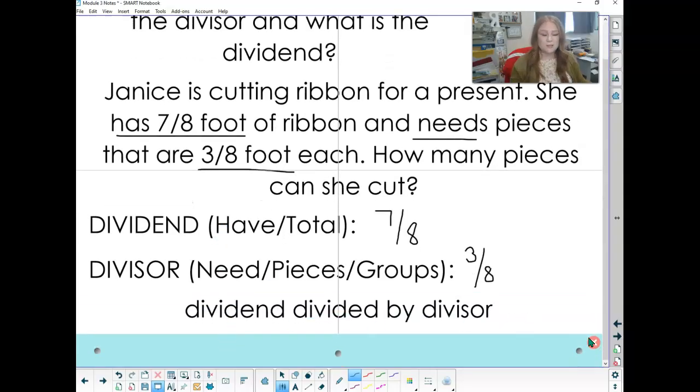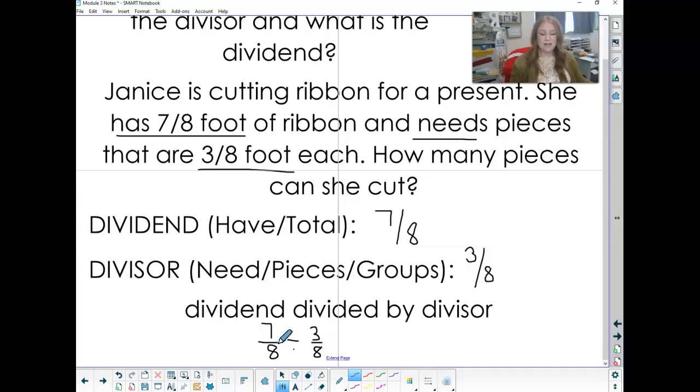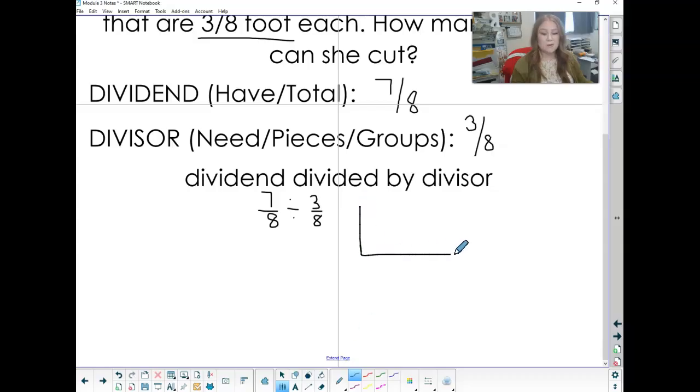As we're doing that, we always put our dividend first. So 7/8. And then we're going to divide that by 3/8. 7/8 divided by 3/8.